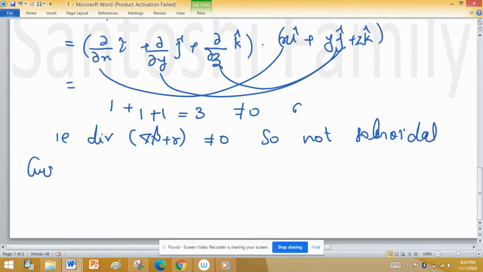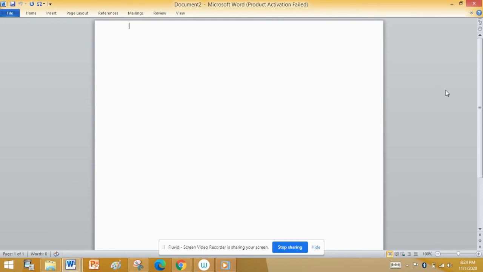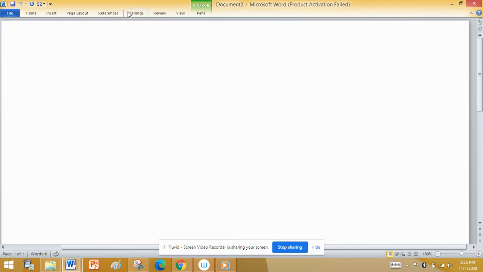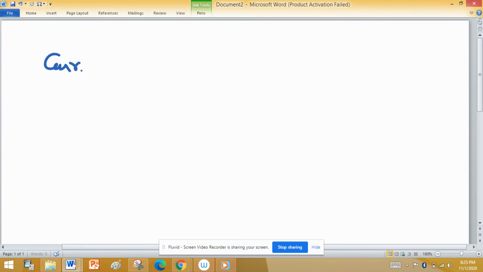So curl of gradient phi plus r, we have to compute. R is the position vector.